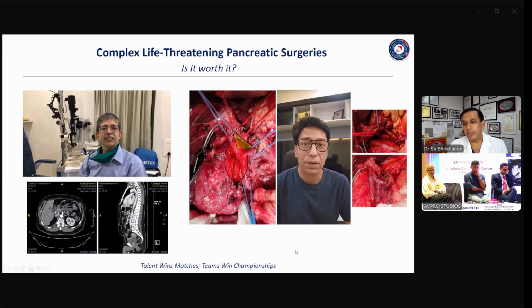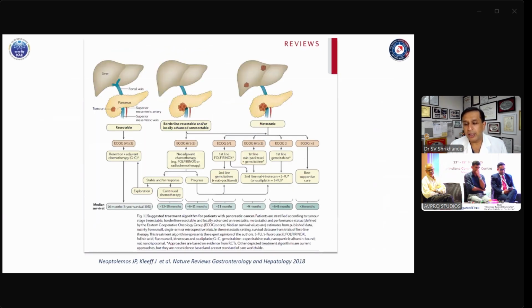So I think what I'm trying to highlight is that people can come back to a completely normal quality of life, provided you select them, and then you will see that this is gratifying to do as well. Of course, the overall story of pancreatic cancer remains difficult. Ignore this. This is a very good paper for younger members of the audience, but just look at the median survival.